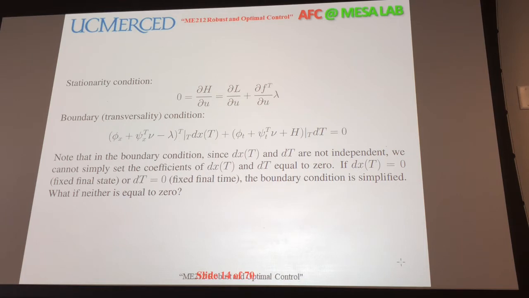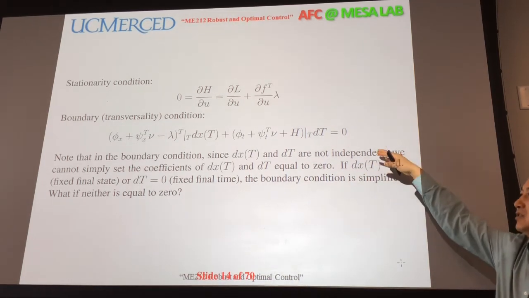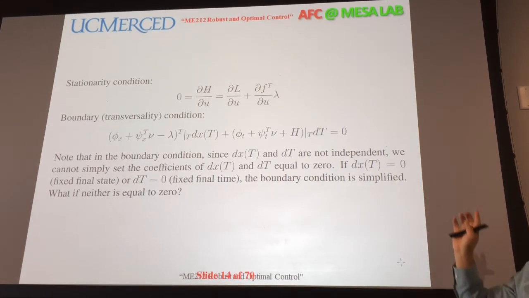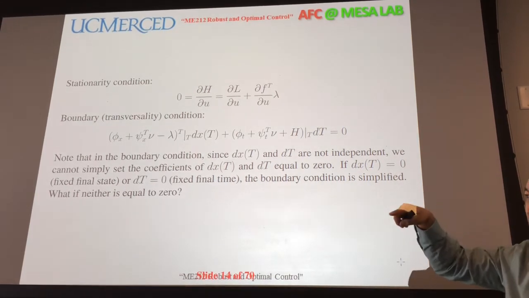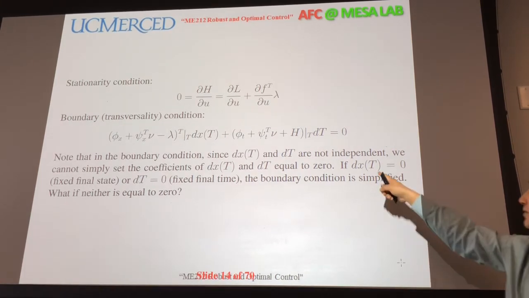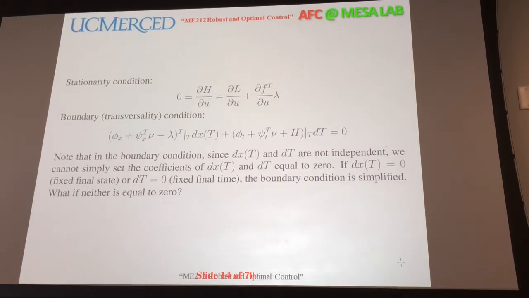Only when you have a fixed final state, then there's no change. Say, for example, I reach the robot hand to the board, to that point. That's a fixed point. So there's no variation here. It's 0. So in that case, life is easier.